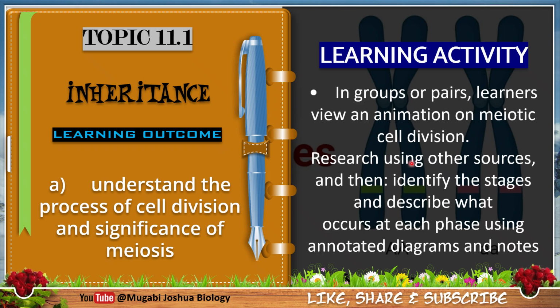They do research using other sources and then identify the stages and describe what occurs at each phase using annotated diagrams and notes. So here we have been mainly emphasizing on identifying the stages and describing what occurs in each phase, which I hope all of us now are very conversant with.